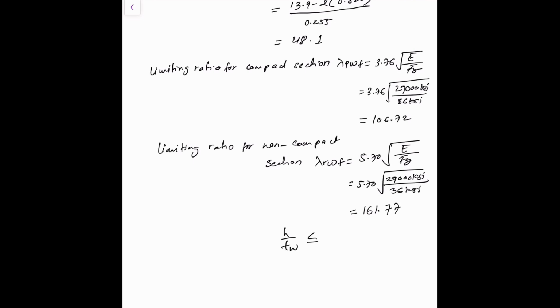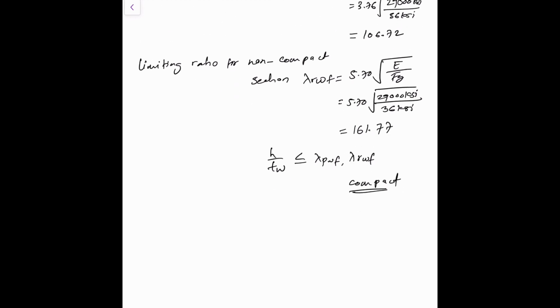Since h over t is less than or equal to this value, which is lambda p for web, this is a compact section.